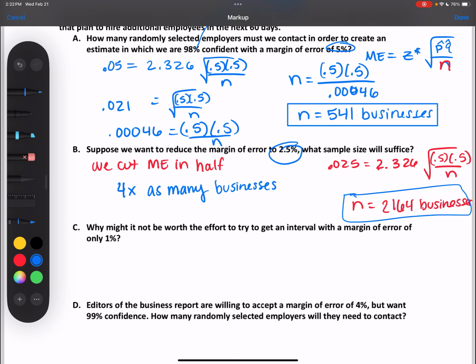So the sample size is too big. We would need 25 times as many businesses.